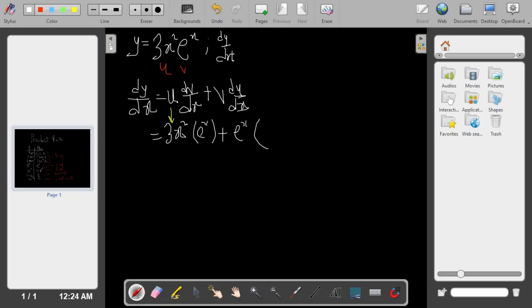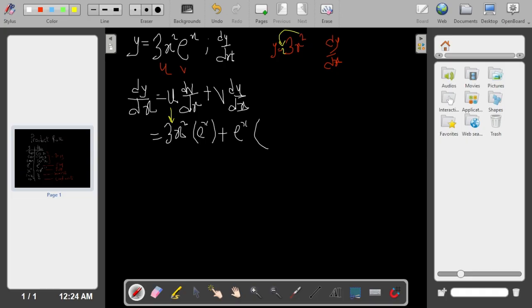Then look closely. Your u is 3x squared. But since it is du dx, you are going to differentiate this. When you differentiate 3x squared, you put the 2 down to come and meet the 3.